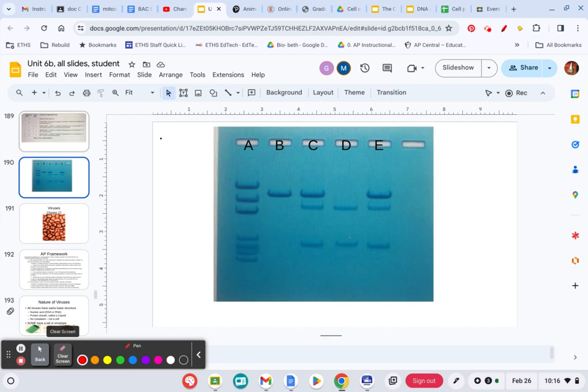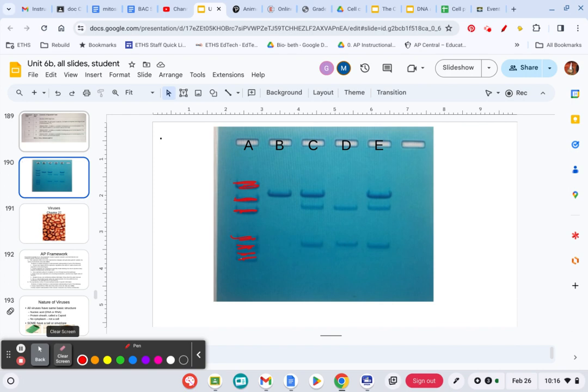Okay, so A is our standard ladder. That's our ruler. And these segments here, let's just do red because it's a good color, would always show up. B, what do I say B was? Normal P53 gene? Okay, so I cut it with the restriction enzyme, and this is another control.